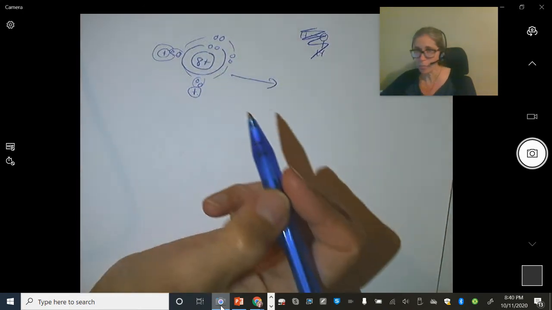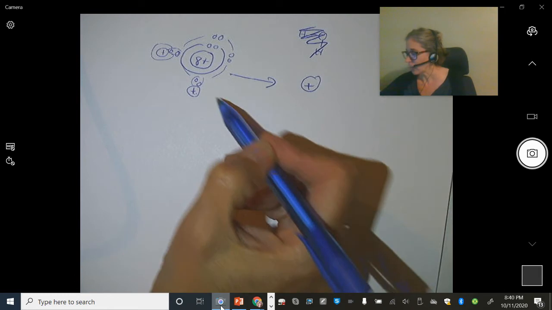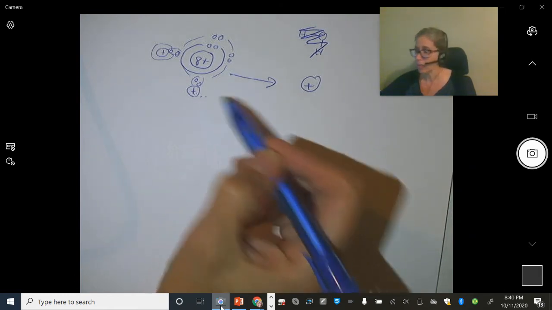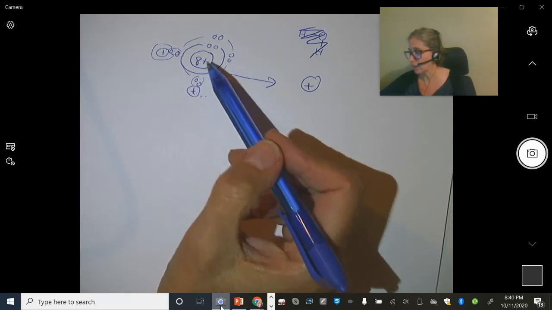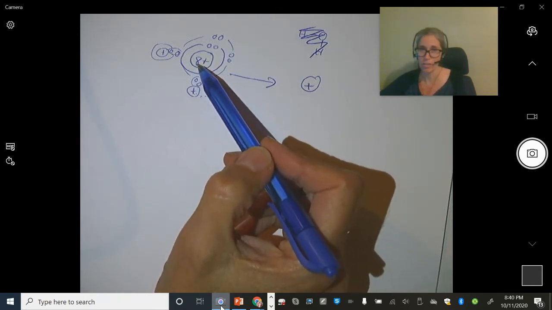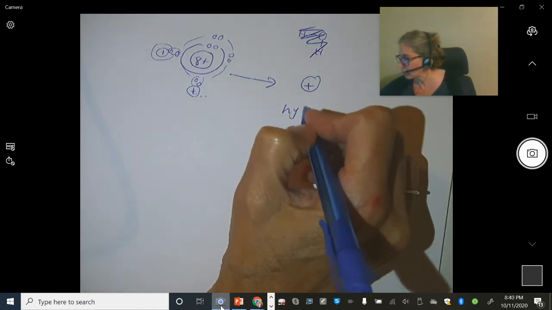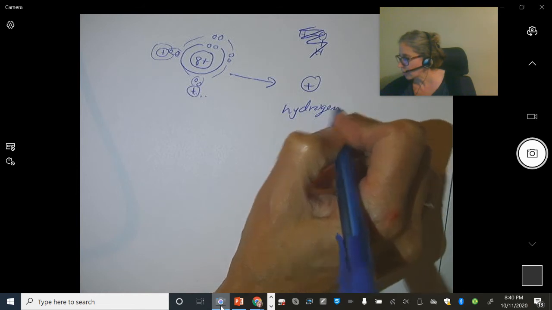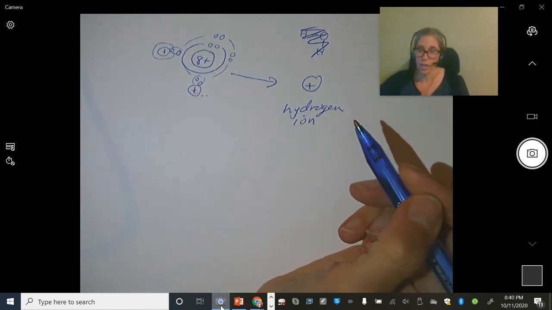So rarely, but occasionally, the positive, the proton, the hydrogen comes off. And when it does, it leaves behind its electron, usually because the electron is really attracted to the oxygen instead. And so this thing, we're going to call it an ion. So this is a hydrogen ion. An ion is any charged particle, either positive or negative.